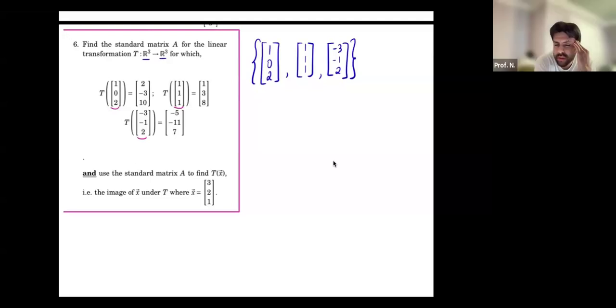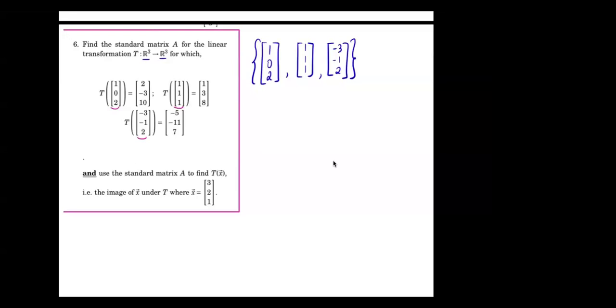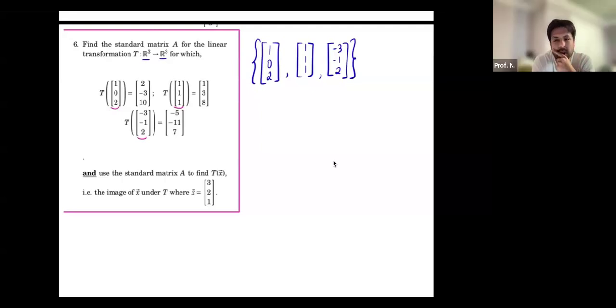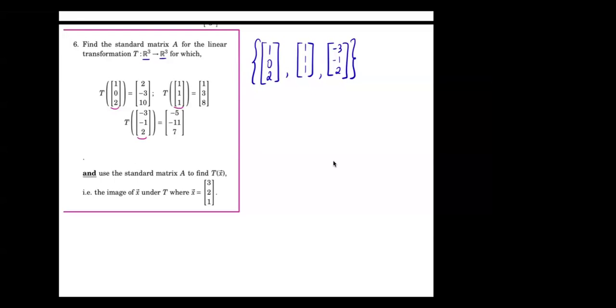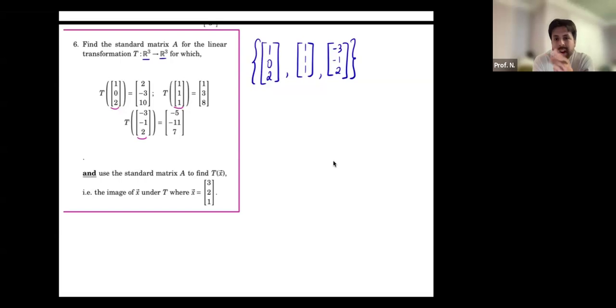If the dimension is 3, it means that any basis should have how many vectors? 3. I have 3 vectors. I want to know, is it a basis? Well, to show that it's a basis, it must be linearly independent and span. But the good thing is I already have 3 vectors in a space that has a dimension of 3.